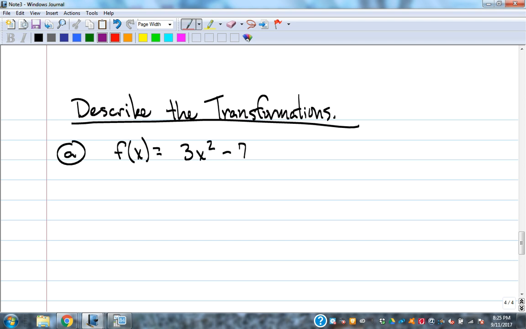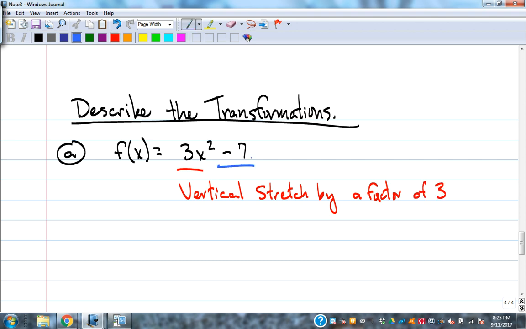Well, the 3 is touching the x, but it's not in the parentheses with the x. So it's really on the outside. So this 3 is a vertical stretch by a factor of 3. The minus 7 is on the outside, so it's a shift down 7 units.